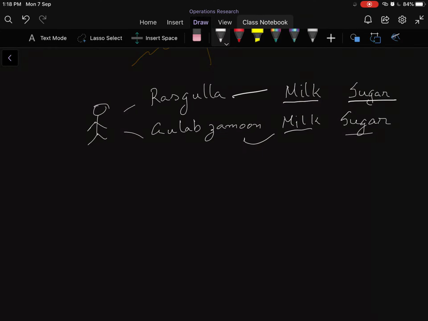So let's take the example in a more formal manner where we express it in tabular form.